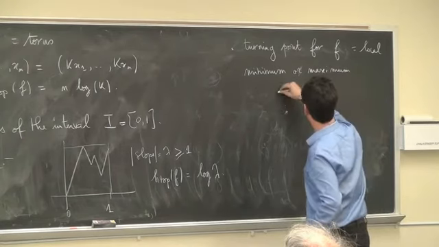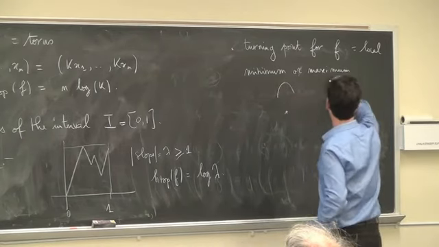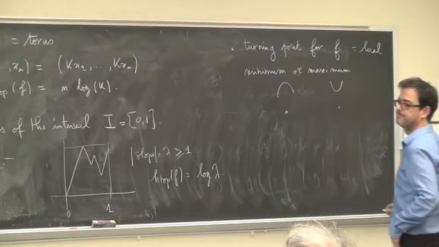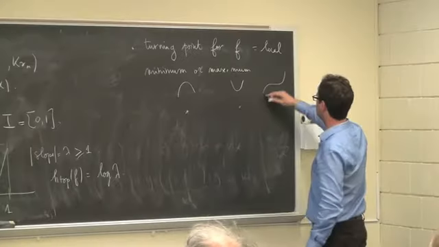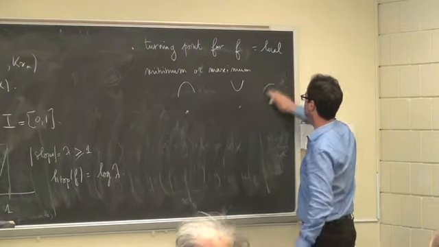So it's a point where the graph looks like that. It's a notion of critical point, but this kind of critical point is not a turning point.